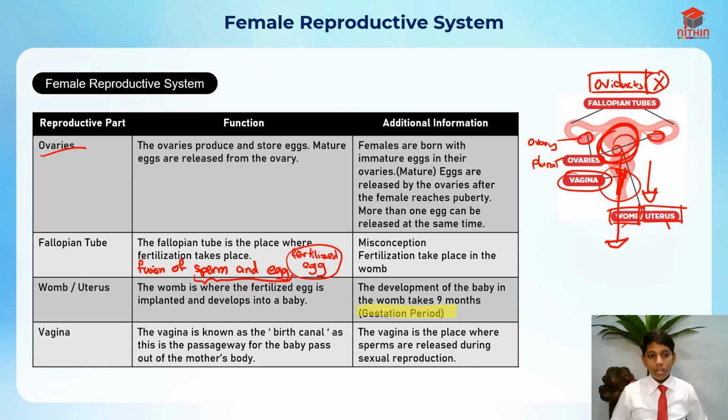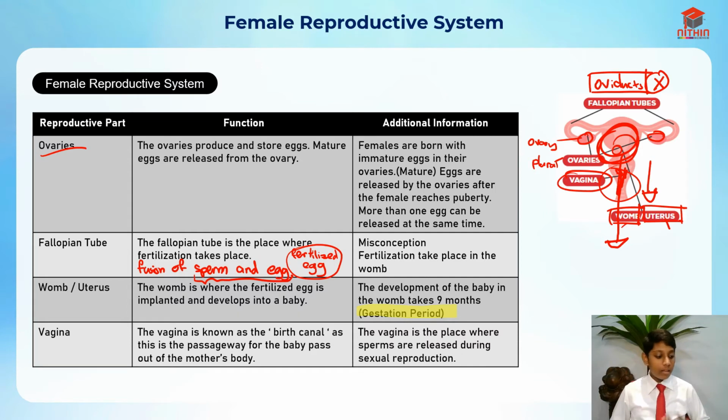Okay, and sometimes the baby will not come out from the vagina because the umbilical cord may be wrapped around the neck, and so it's a dangerous scenario, so they have to do a cesarean on the female in order to take out the baby. Basically they cut and take out the baby from the womb of the mother.